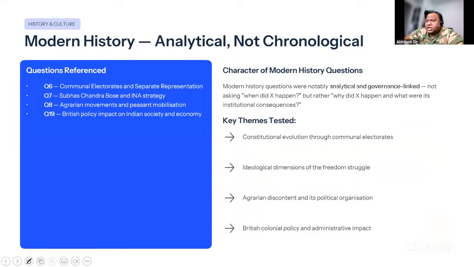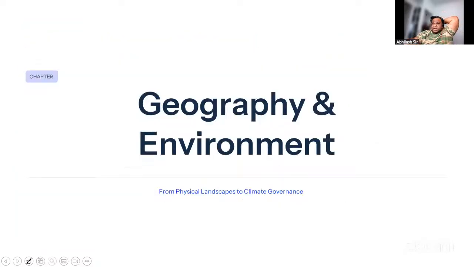In case of modern history, there's a very applicative kind of approach. There were questions on communal electorates and separate representation, Subhash Chandra Bose and INA strategy, agrarian movements and peasant mobilization, British policy impact on Indian society and economy. Many questions were not direct. It was very applicative in nature, that if you don't understand the story of history, you will not be able to understand what the question is asking and what it has related.